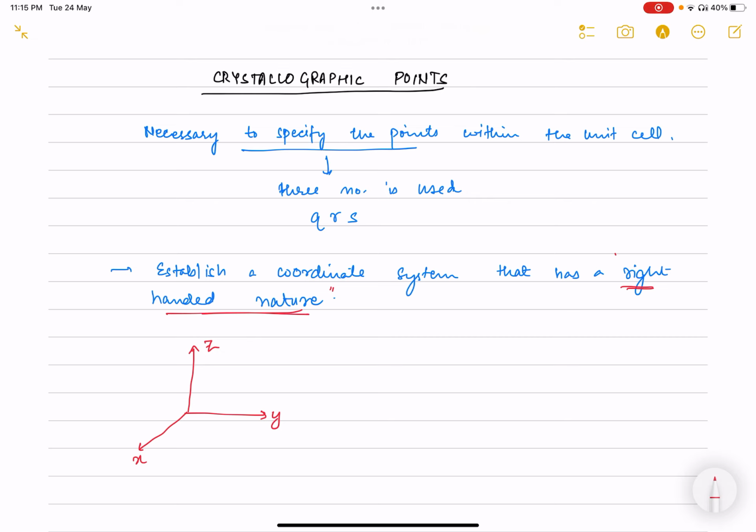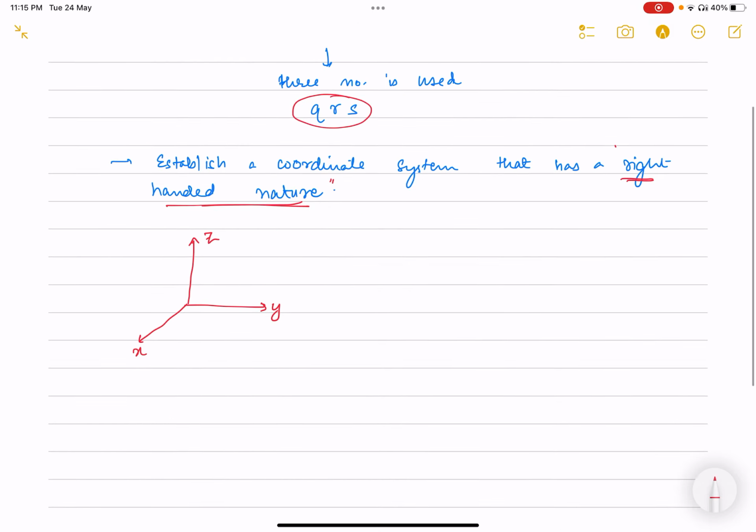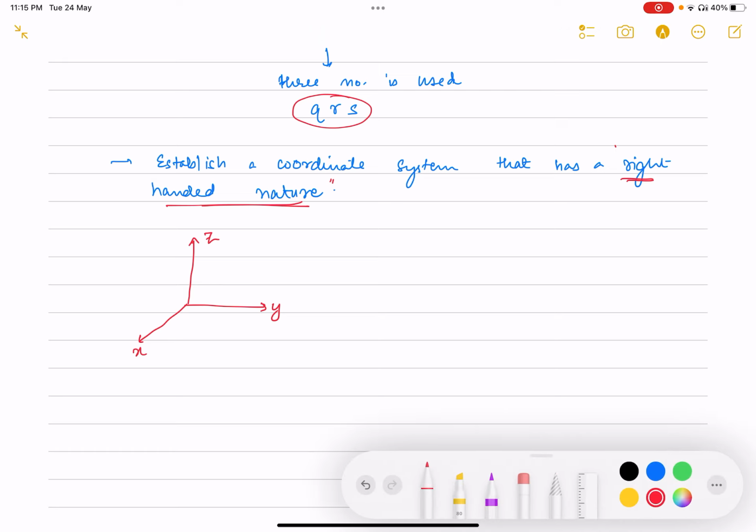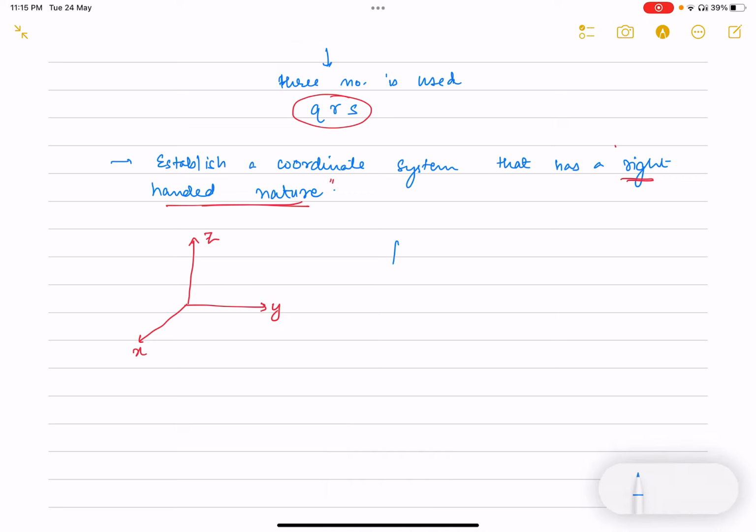These three numbers can be used. Now what are q, r, and s? Basically they are the fractional multiples or fractional lengths of the point along the three coordinate axes respectively.